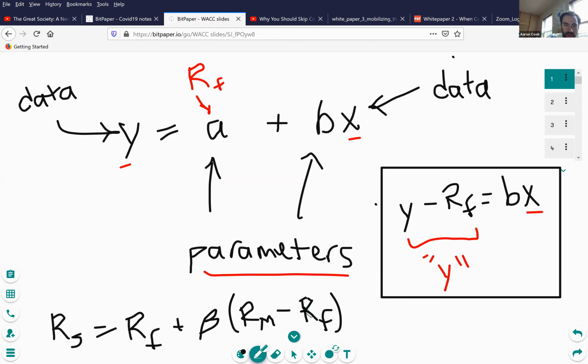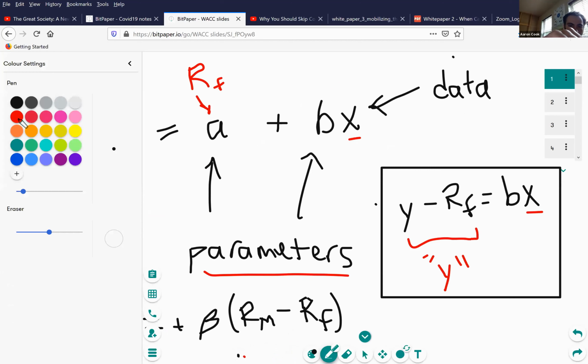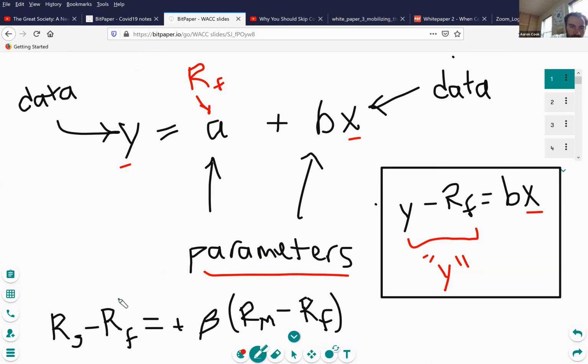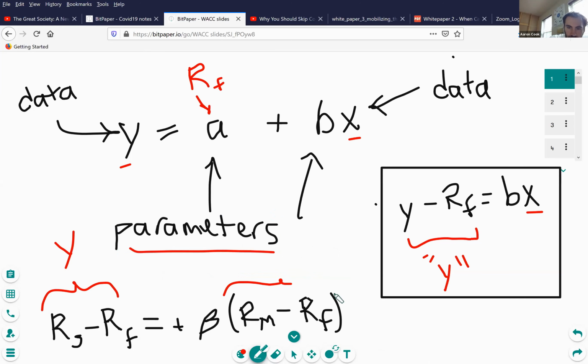Of course, we subtract the risk-free rate, so we bring that over to the left-hand side. If we take that risk-free rate over to the left-hand side, we get something structured like that. And in that case, this is our Y, and this would be our X.